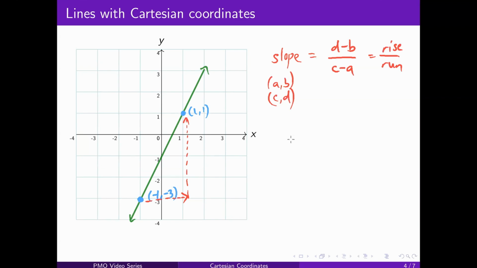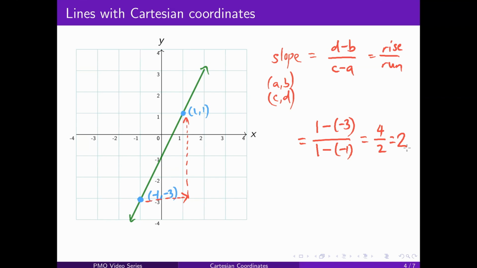So for example, in this case, our points are (1, 1) and (-1, -3). So their slope would be 1 minus -3, so we took the difference of the y coordinates, divided by 1 minus -1, the difference of the x coordinates. So this is 4 over 2, or 2.